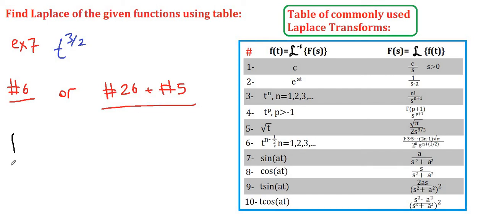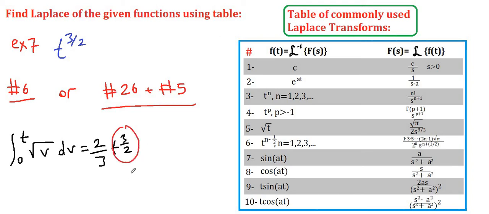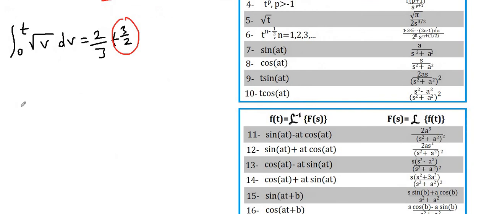So the integral from 0 to t of square root of v dv will be equal to f of s over s. In our case, it's going to be 2/3 t to the 3 over 2. So if we solve for t to the 3 over 2 in this equation, we obtain t to the 3 over 2 will be equal to 3 over 2 times the integral from 0 to t of square root of v dv.